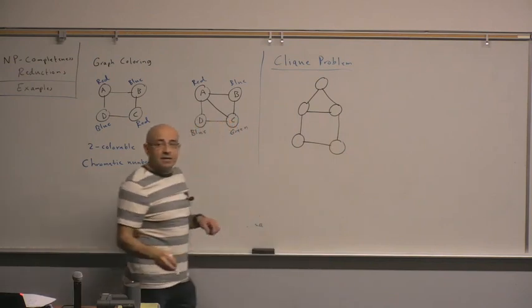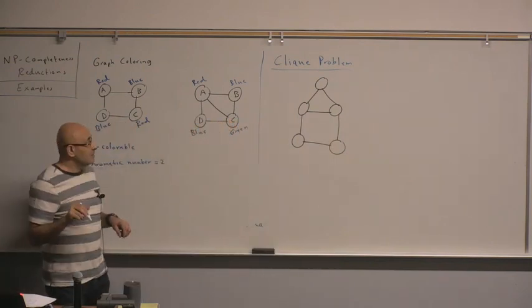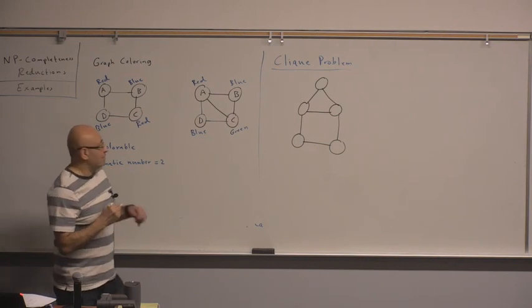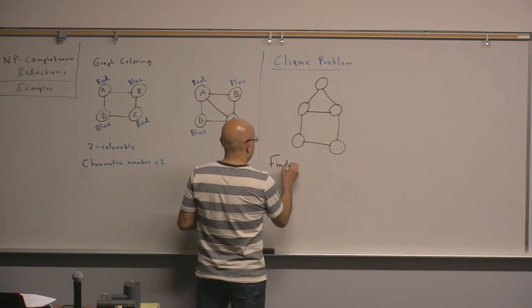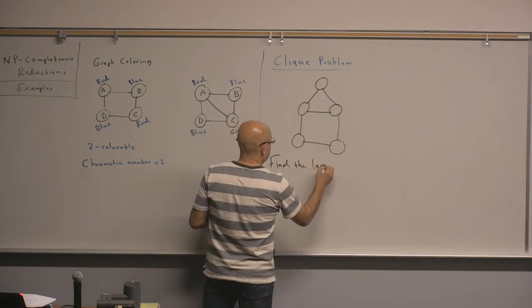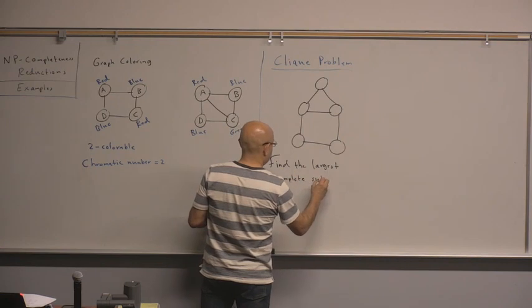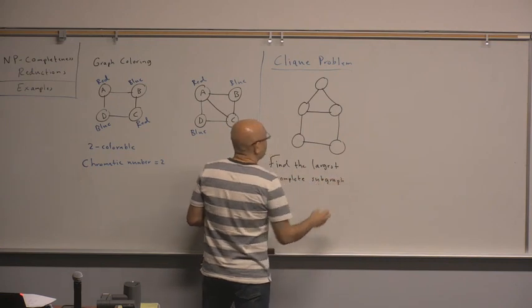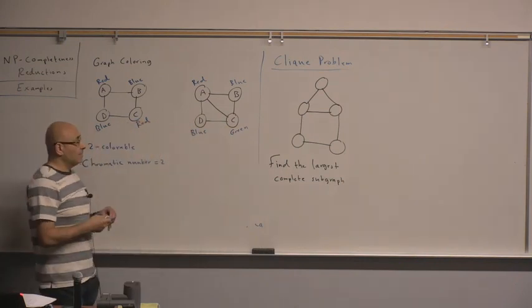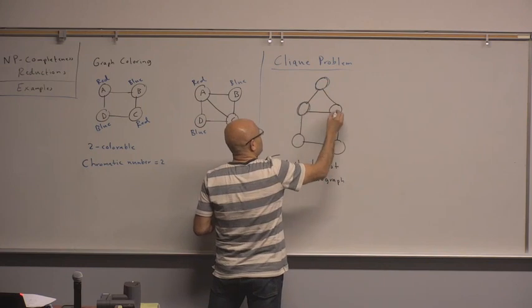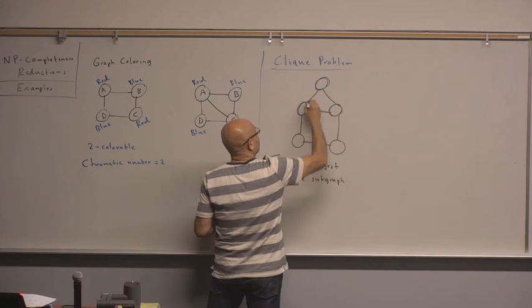And the question is, find the largest complete subgraph. In this case, where is the largest complete subgraph? Triangle. Oh yeah, triangle. We cannot find anything greater than that triangle. So this is the largest complete subgraph.